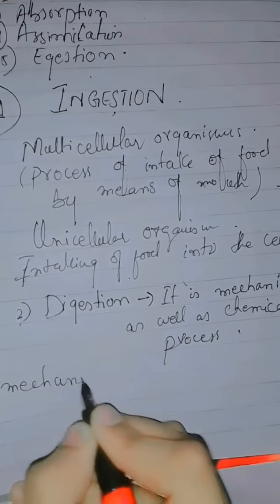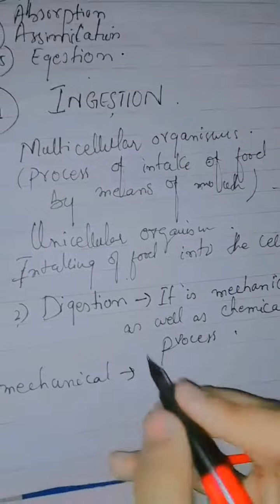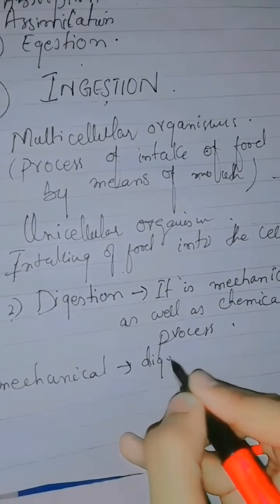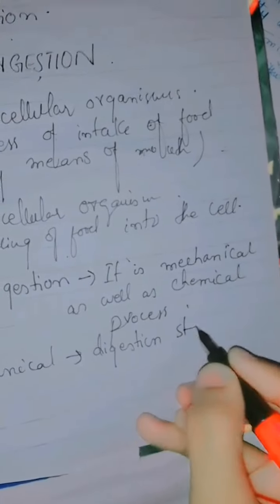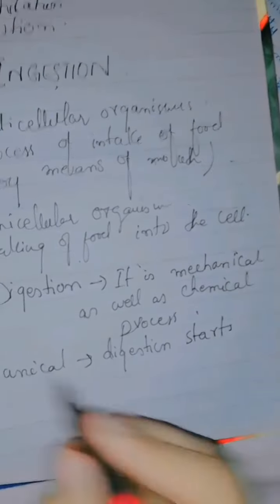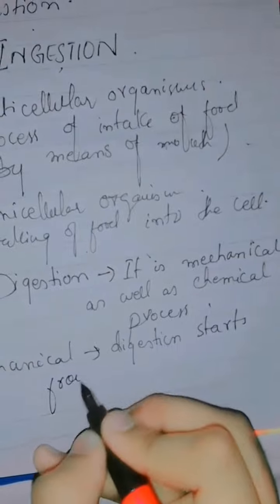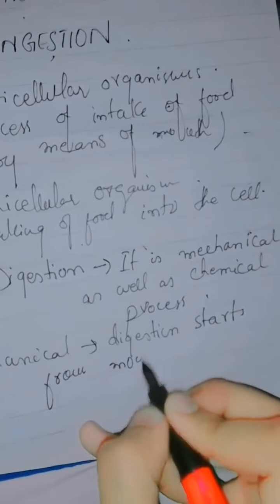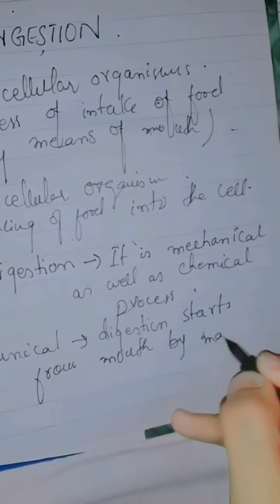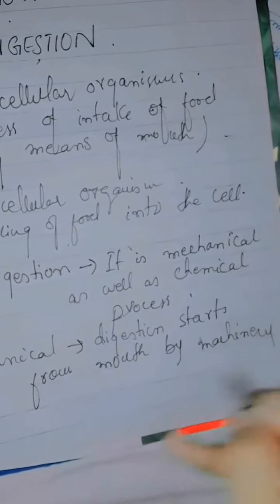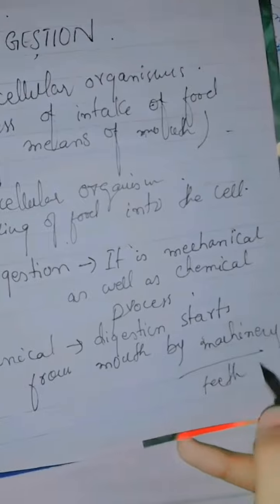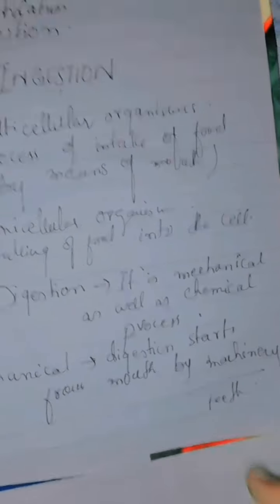How mechanical? The digestion starts from the mouth by the machinery, and that machinery is basically our teeth, as the chewing process is happening here.